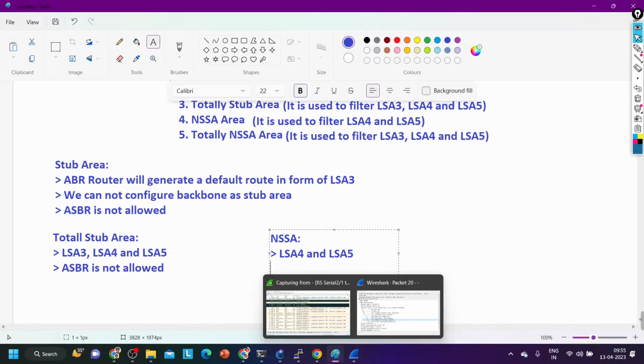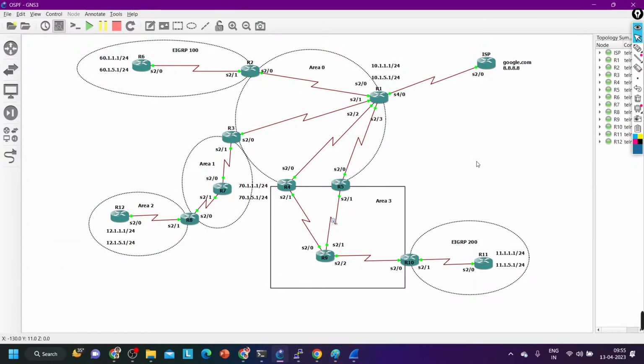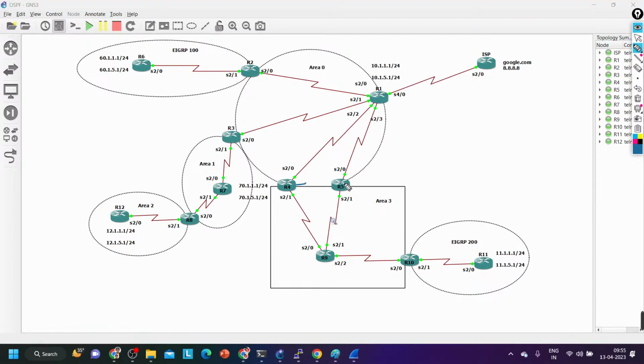Now question is here, this is my ASBR, this is my ASBR, these two are ASBR as well as ABR. So this router is generating what, guys? LSA 7, and LSA 7 will be there in this area. Now how router 1 will get this network information?